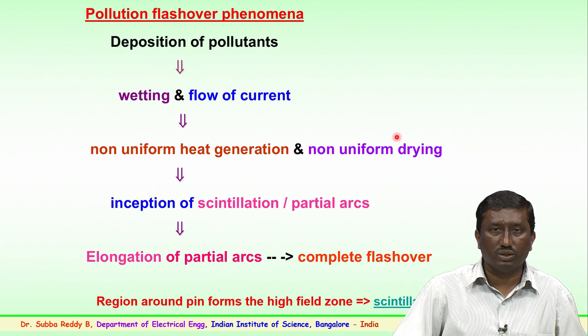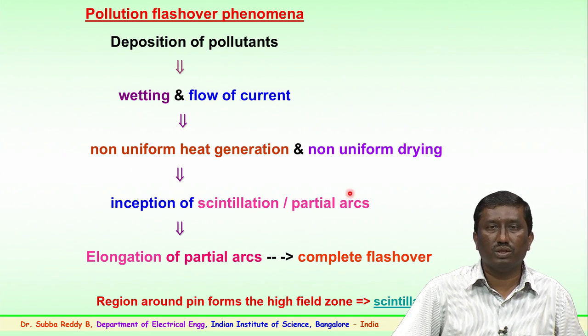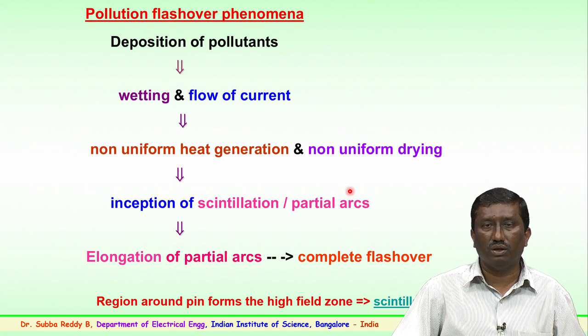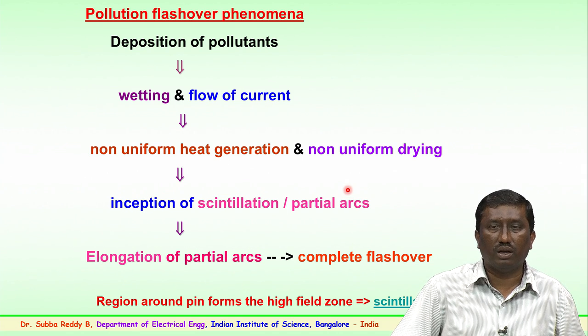So, because of this non-uniform distribution of the pollutants on the surface, when the surface becomes wet, the leakage current starts flowing. Because of the non-uniform nature of the deposit on the surface, the current which is flowing is also non-uniform in nature, and there will be a formation of wet and dry bands.